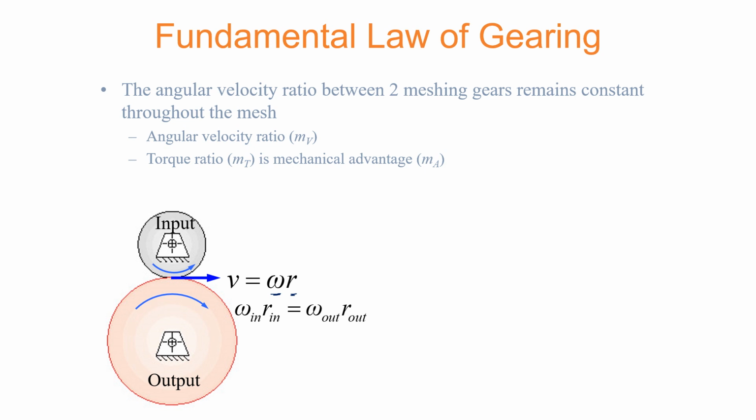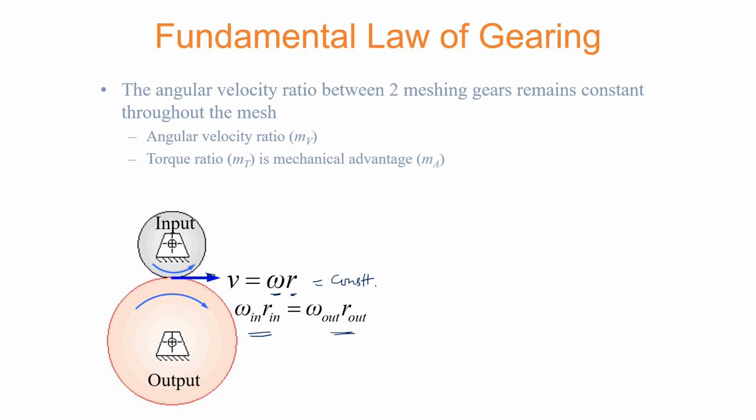Or in other words, the velocity vector v is going to remain constant. So omega in, the angular velocity on the input side, multiplied by the radius of the input cylinder, is going to be equal to the angular velocity at the output times the radius of the output cylinder.